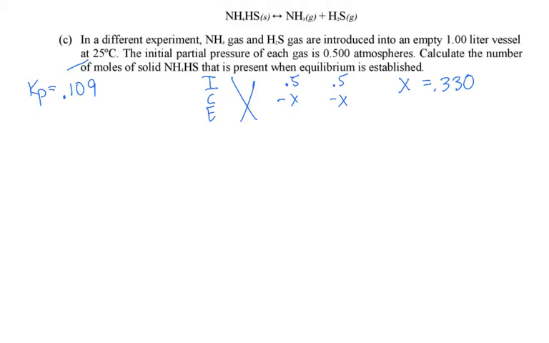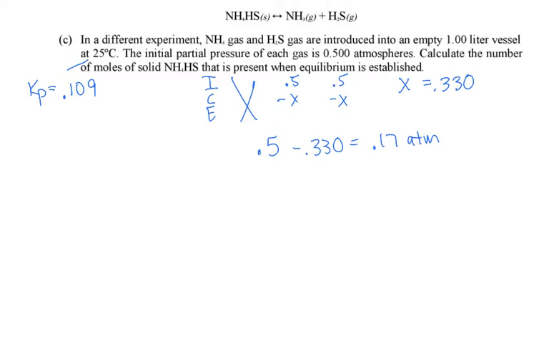So we're going to take 0.5 and we're going to subtract out x to find out what our equilibrium pressure is. So 0.5 minus 0.330 is going to give us a partial pressure of approximately 0.17 atmospheres. Okay, and that's what each of these pressures are for each of these substances.